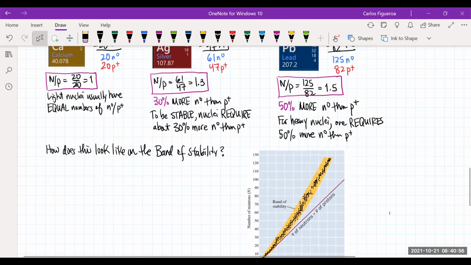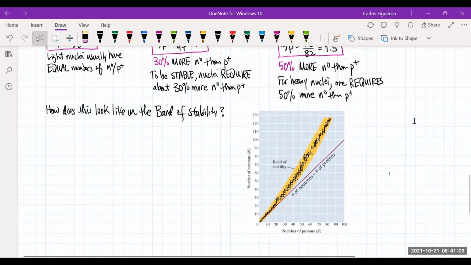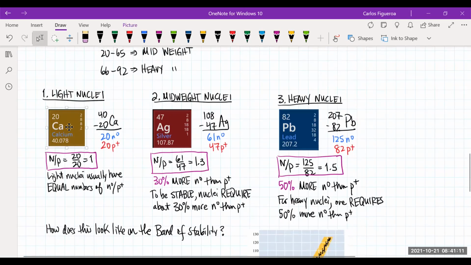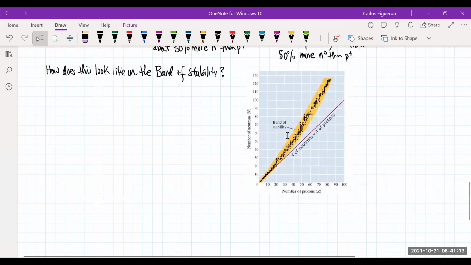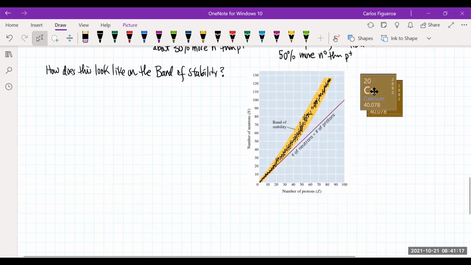There's the calcium. Let's look at calcium. Calcium is 20, right? Maybe I should bring this down. So if I look at calcium, it's got to look something like this here.